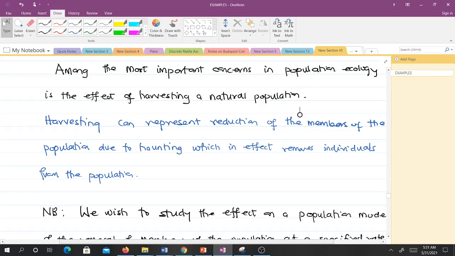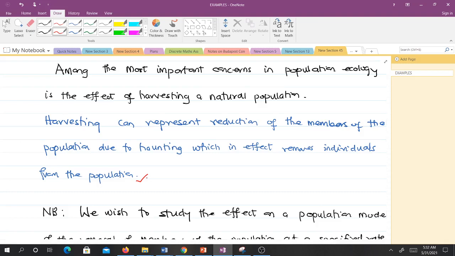Harvesting can represent reduction of the members of the population due to hunting, which in fact removes individuals from the population. So harvesting always represents a reduction in the population, because you have a population and you are taking some out of it.